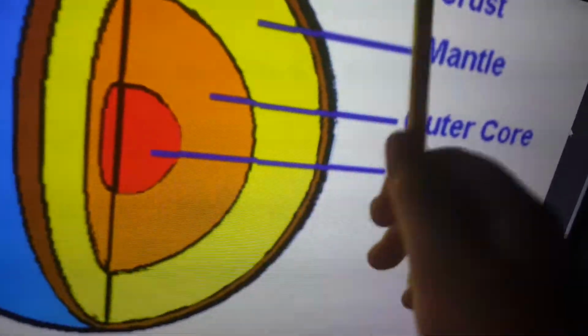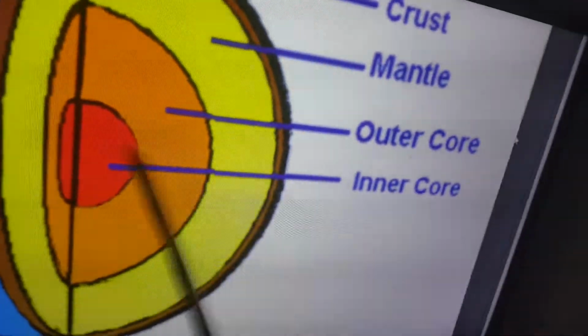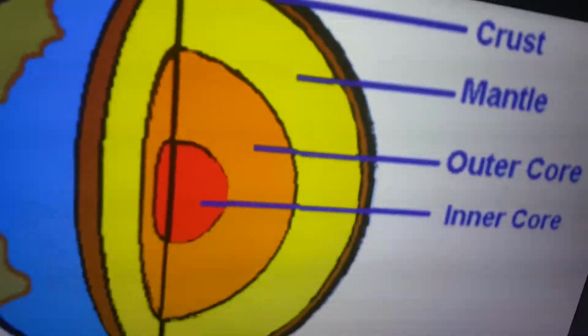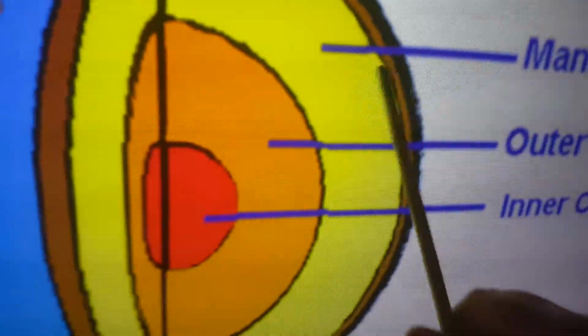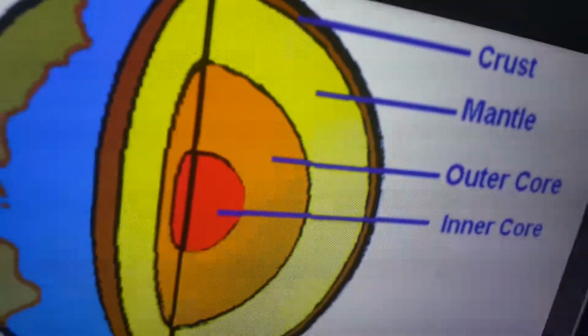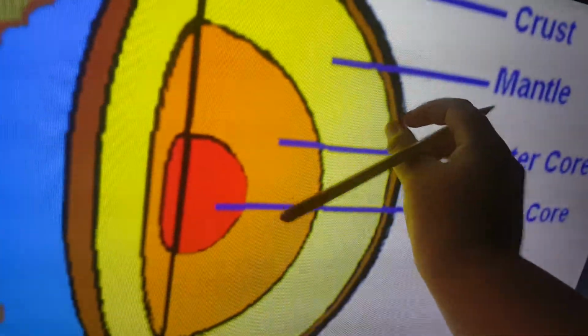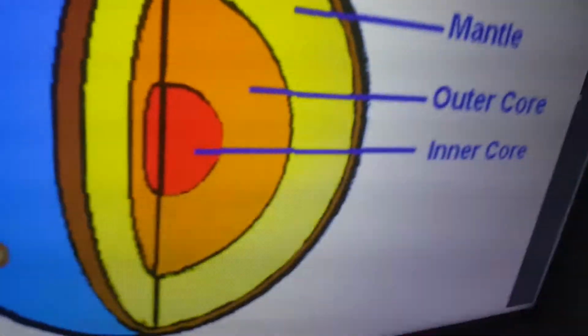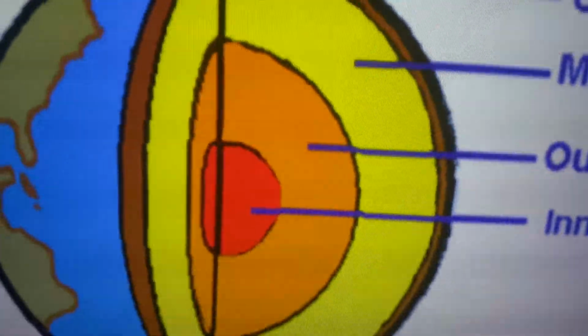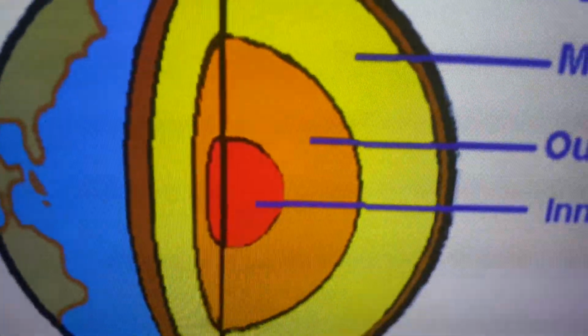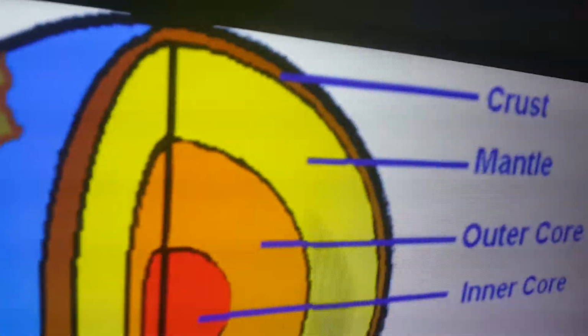If we didn't have our crust, we would die, because our crust is very thin compared to all these other things. It's thin enough, but it's also strong enough to hold us.